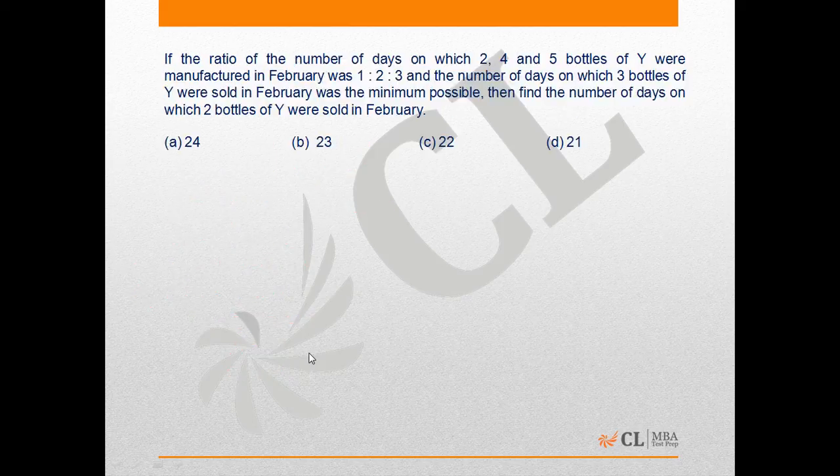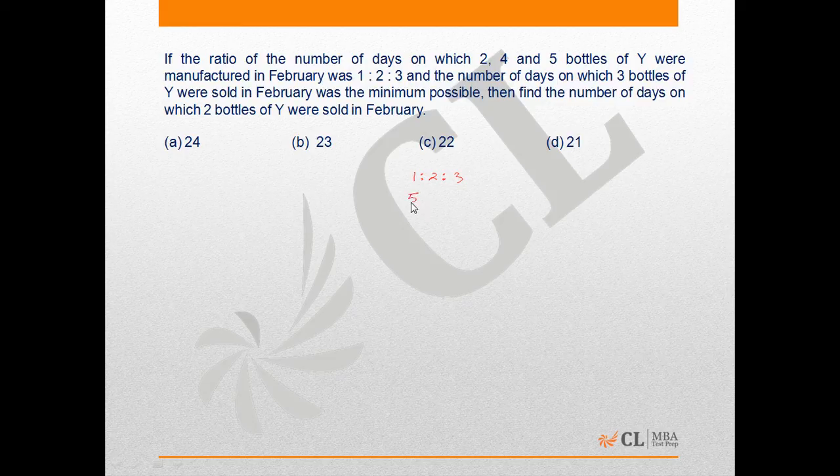Now moving on to the last one. It says the ratio of the number of days on which 2, 4 and 5 bottles of Y were manufactured in February was 1:2:3. Now in the month of February, we have 30 days, and these 30 days will be divided in the ratio 1:2:3.